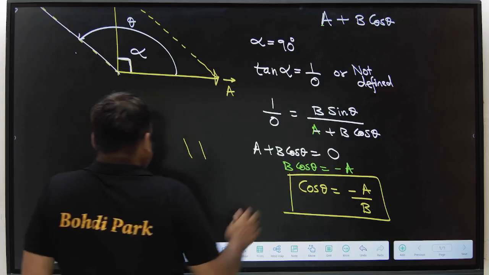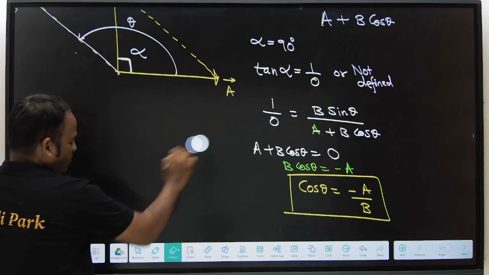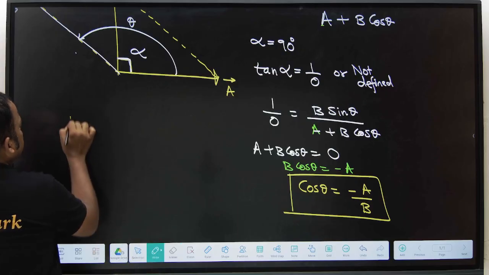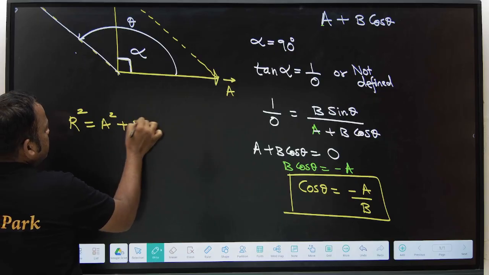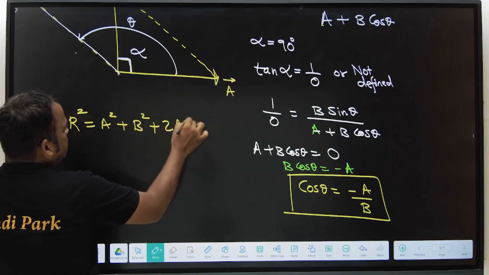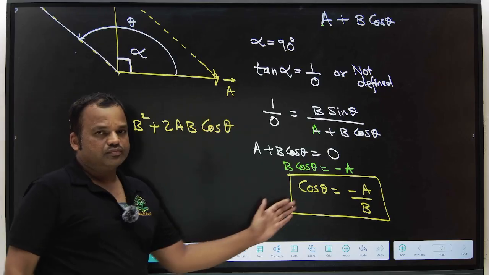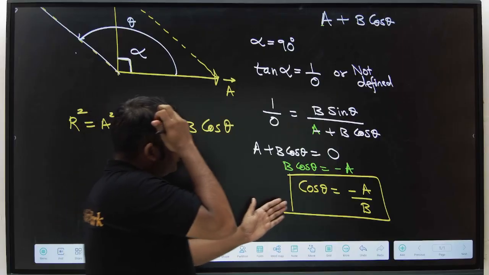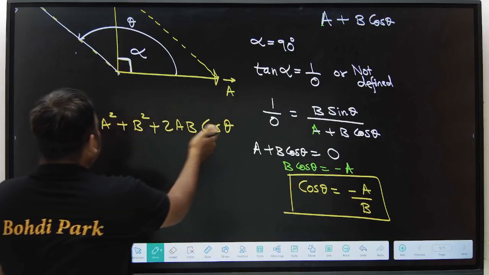Then we know the formula for resultant also. The resultant formula is given by r square is equal to a square plus b square plus 2ab cos theta. So cos theta we will put minus a by b over here.